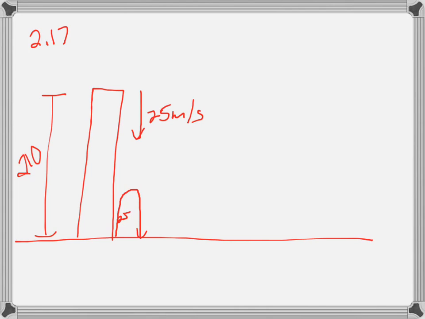So the question is, how far up from the ground will there be a cat fight? Which means, I'm telling you in the problem that there is going to be a cat fight, so the cats can collide. So this cat's going to be falling all the way down here.